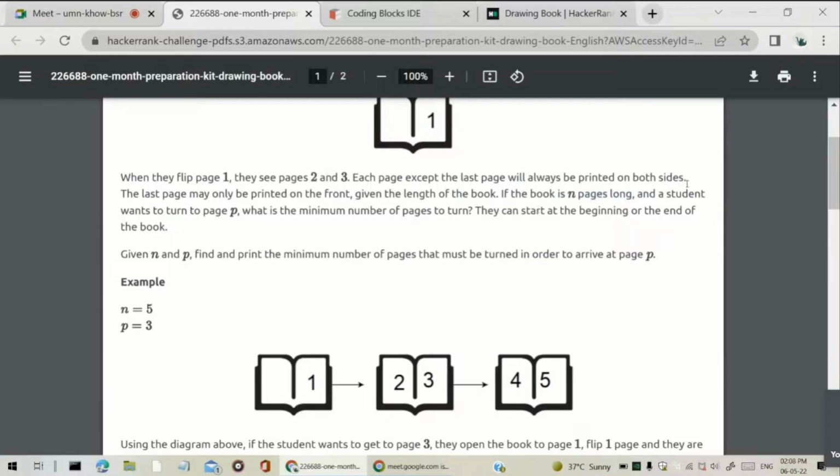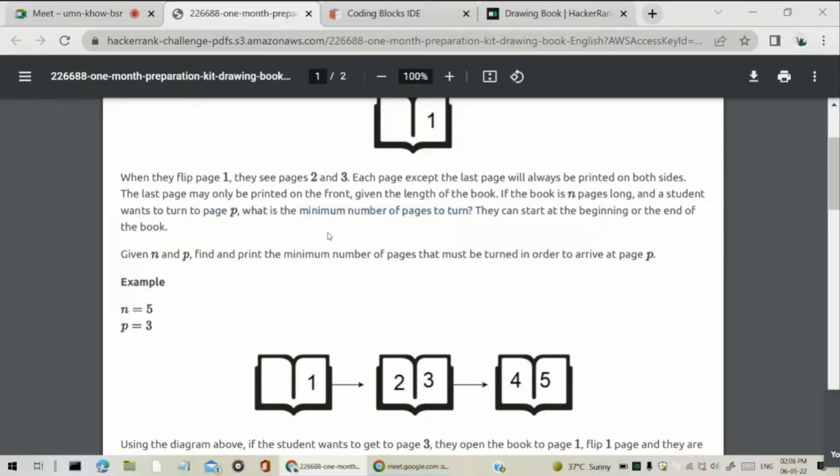And a student wants to turn to page P. When n pages are given and we want to go to page P, we can flip the pages from the first or from the last. So we have to go to the required page number P by flipping the least number of pages. Either we can flip it from first or we can flip it from last.